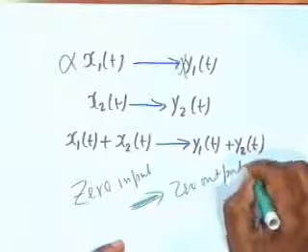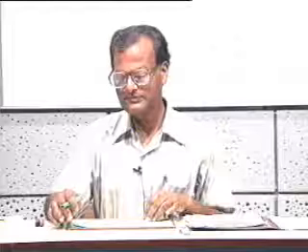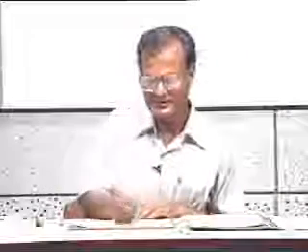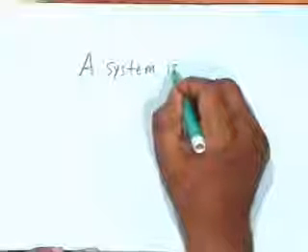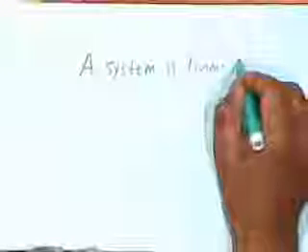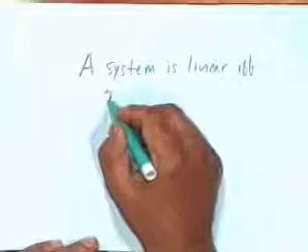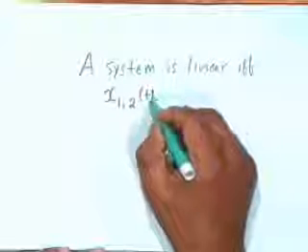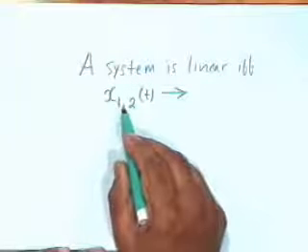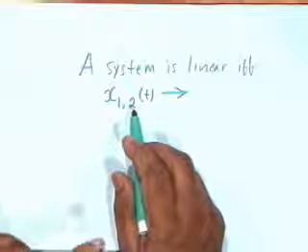Now, this was for the purpose of explanation. We can combine the two characterizations into one. We can say a system S is linear if and only if x1 or x2, one at a time, leads to y1, y2.